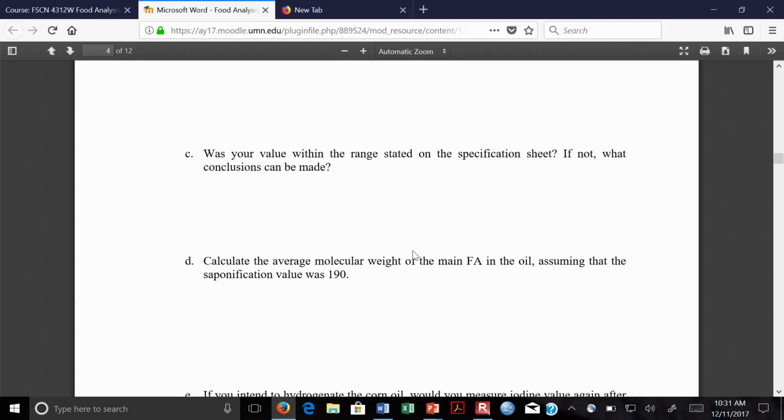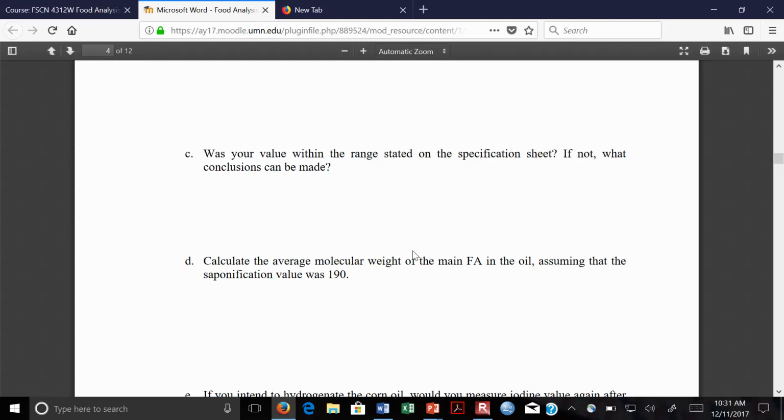And 3 moles of KOH is 3 times 56.1. So each mole is 56.1 grams. So 3 moles is 3 times 56. So we have 1 mole reacting with 3 moles and 0.19 grams saponified 1 gram.